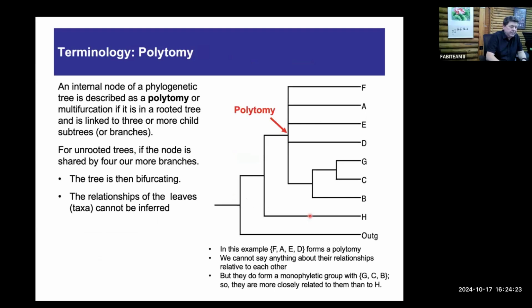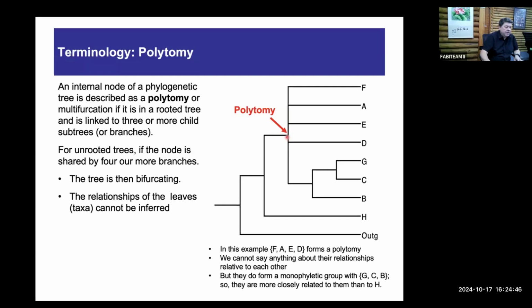Let's finish this. This is also relevant to trees. So when we have a node like this one, where the branches are not bifurcating but multiplicating, we typically say the branches collapse into this node.